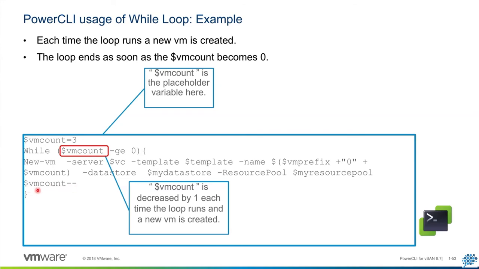This line, $VMCount minus minus, indicates that VMCount will be reduced by 1 each time the loop is executed until we reach 0. Once it reaches 0, the loop stops. So in the end, we get 3 virtual machines which are created by this loop.